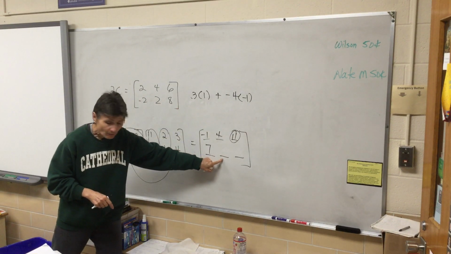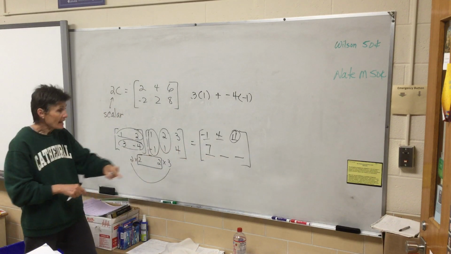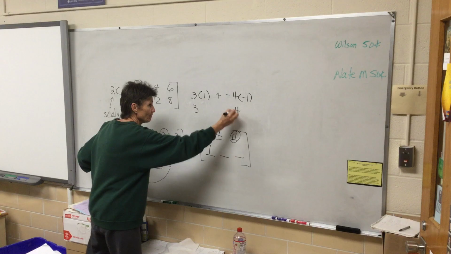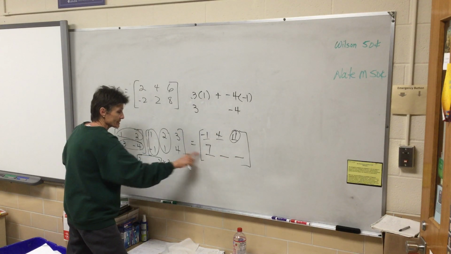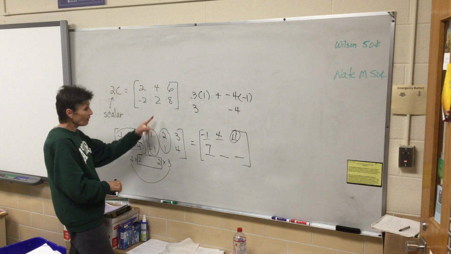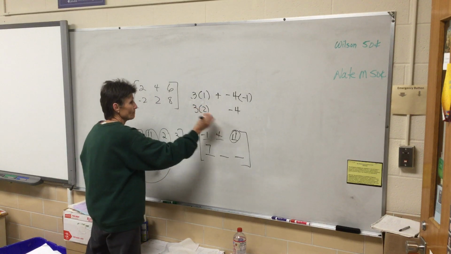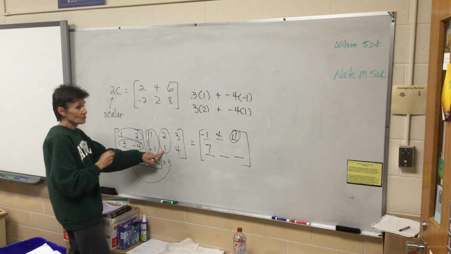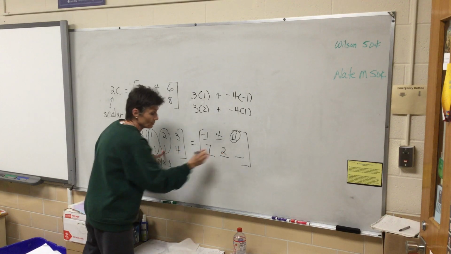Now, this guy right here, again, is in the second row. So I am using my 3 and my -4 for this one, second row. But now I'm using my second column. So that number should be a 2.